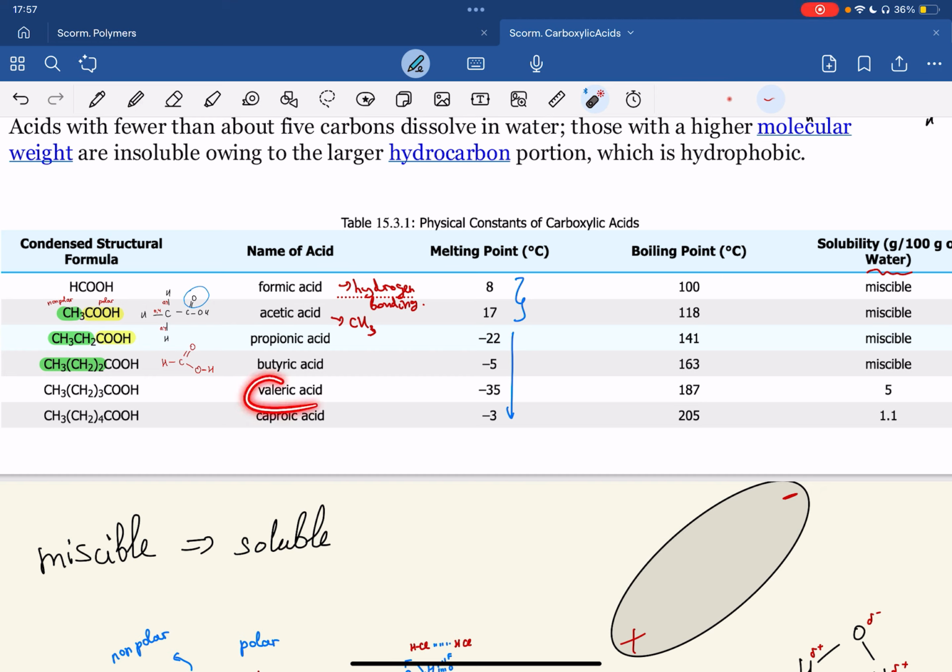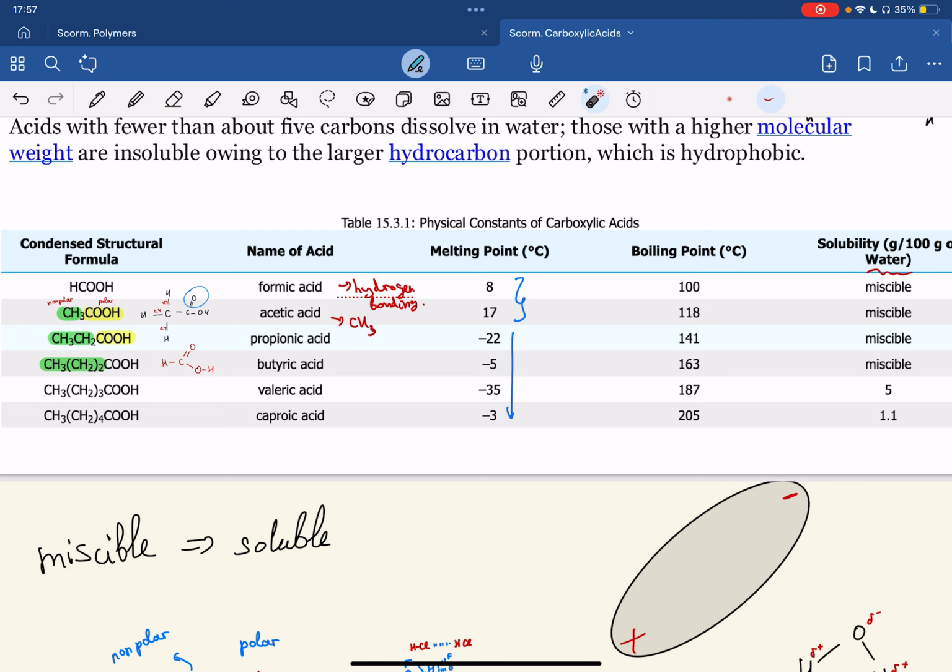Also, we have a few other exceptions too. Just know that you should especially remember these two, formic acid and acetic acid exceptions. But for the others, the value should keep increasing as we go from lower carbon to higher carbon.